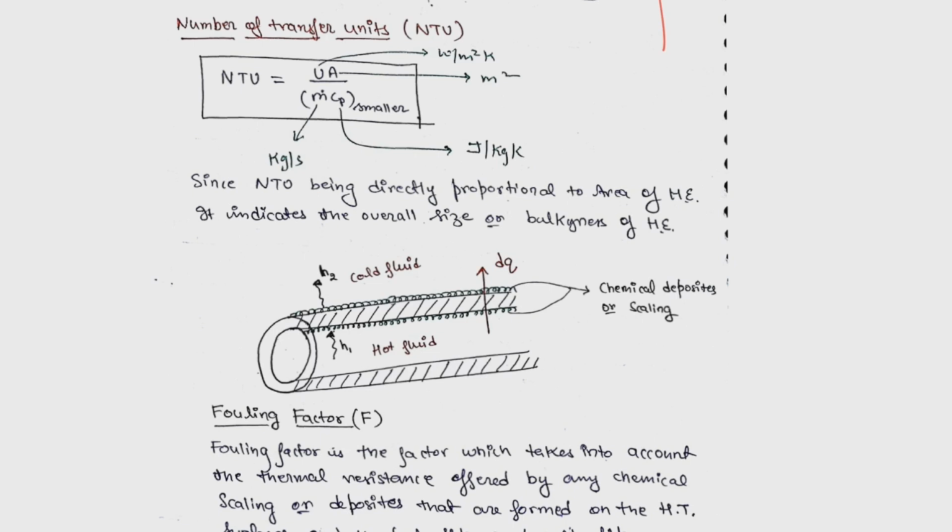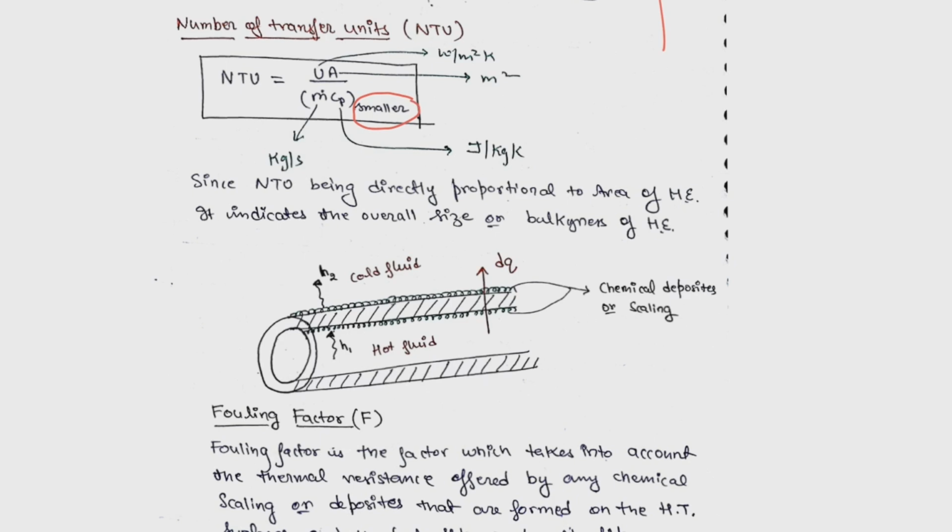There are generally two methods to solve a heat exchanger problem. One is the LMTD method and the other is the NTU method. We have already discussed LMTD, so let us discuss the NTU method. NTU, the number of transfer units, is equal to UA upon m dot Cp smaller.